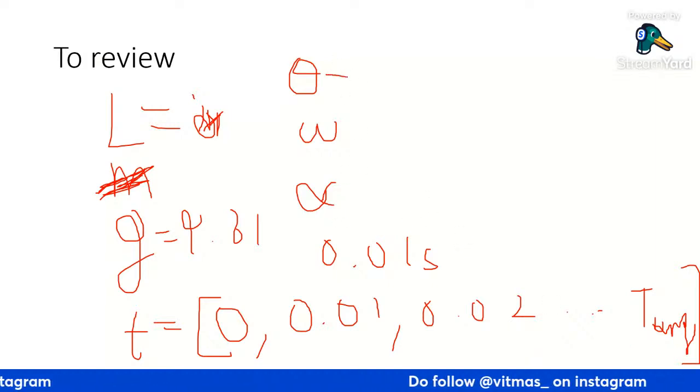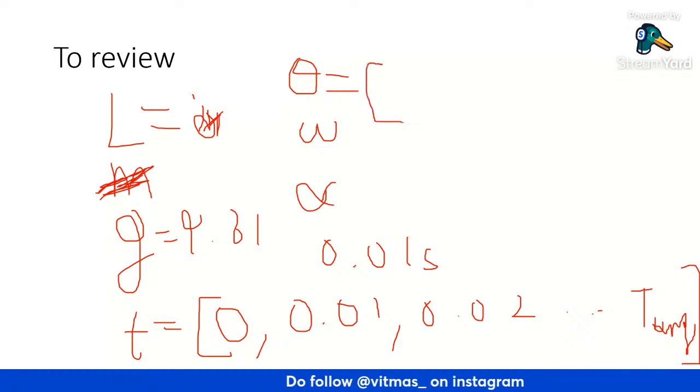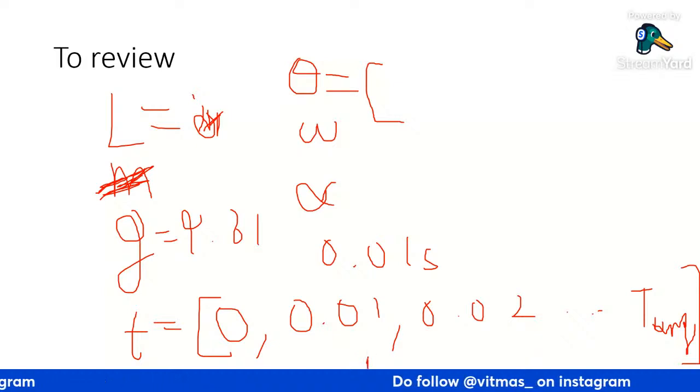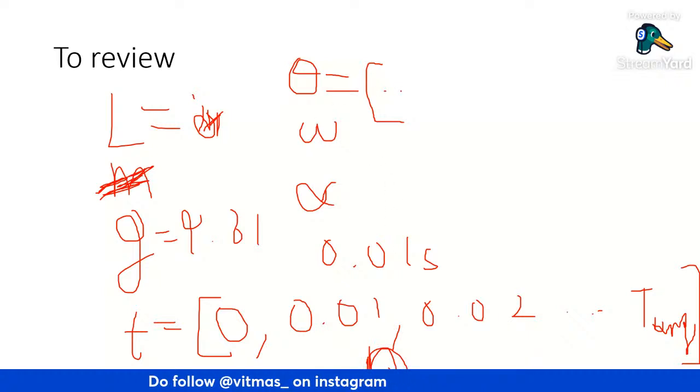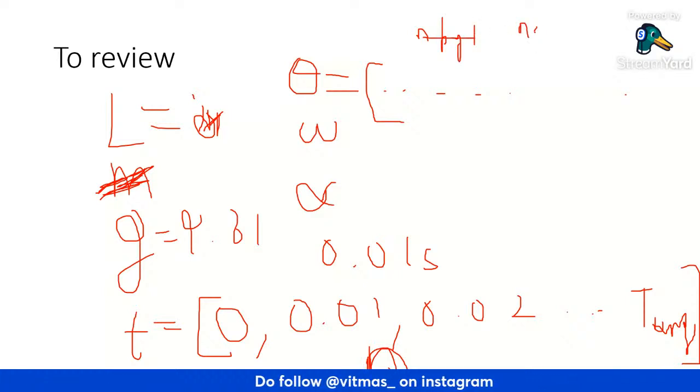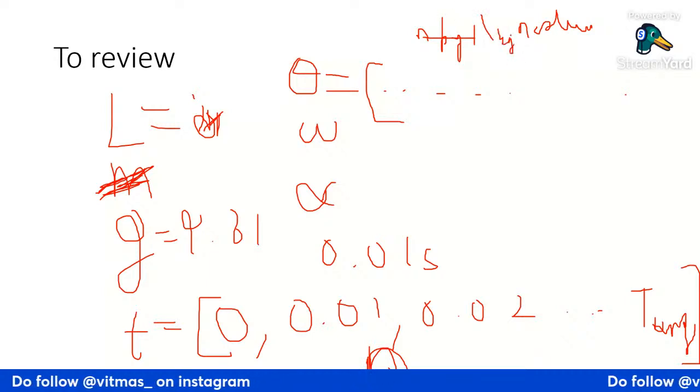Likewise, we will store this. This array will have its own length, let's say n. Same way we have to define theta as a 1 by n matrix, one row and n columns.